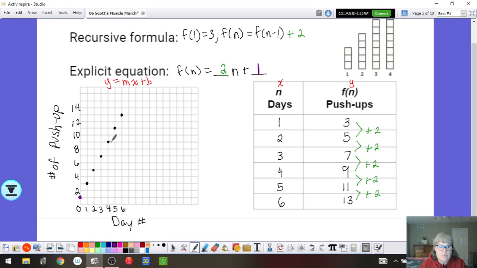If it's not so easy to go backwards and find that y-intercept on the graph, what I can do is I know that it's going to be 2n. What do I need to do to 2n to get this value of 3 for day 1? So instead of 2n, I should actually write 2 times 1, because n is the day number. So 2 times 1 is 2 plus 1 equals 3.